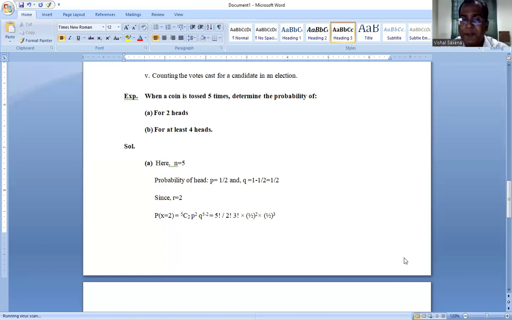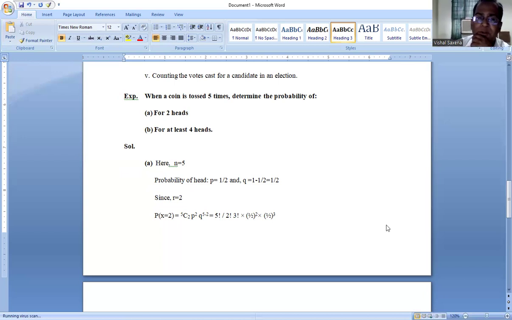But there is a difference between them. In a Poisson distribution, the value of small p should be very, very small. In the binomial distribution, p means the probability of success of a single event, and it is not very, very small.